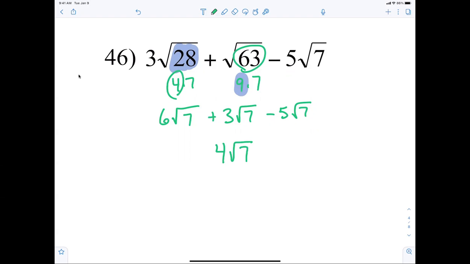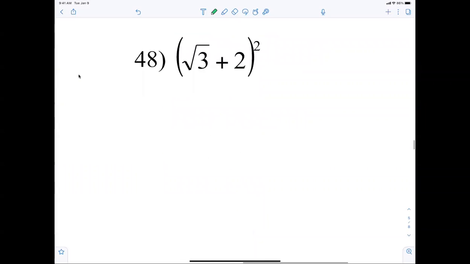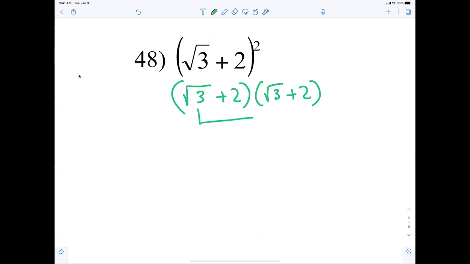Any issues? All right, here we go. Now remember, we can just rewrite this as square root 3 plus 2 times square root 3 plus 2. Square root of 3 times square root of 3 is 3. So now your first smiley face will make it plus 2 radical 3.